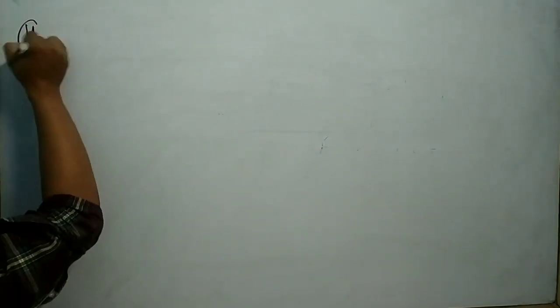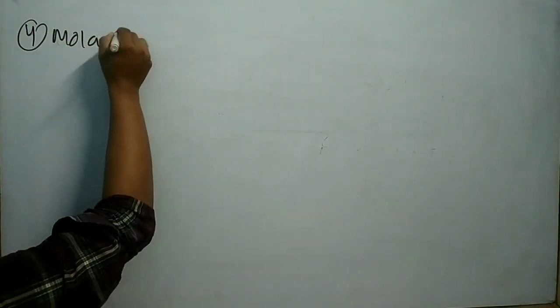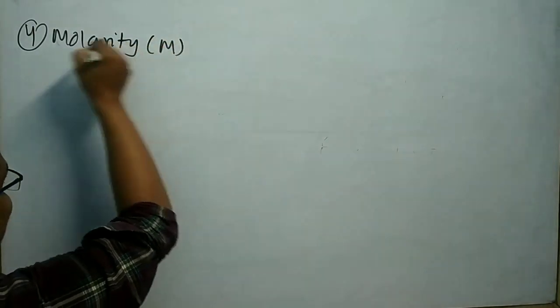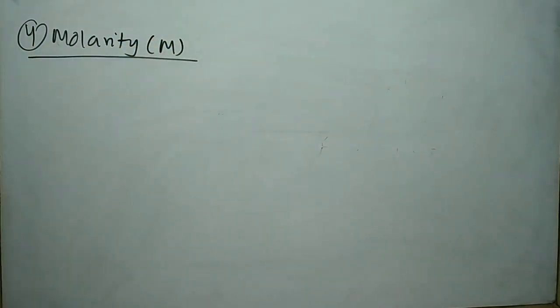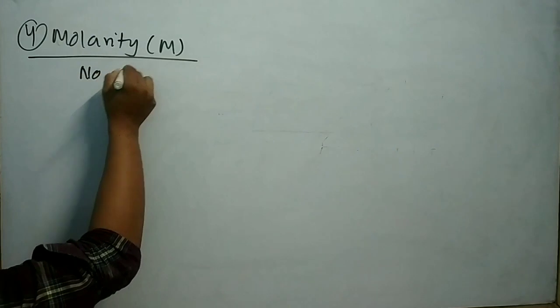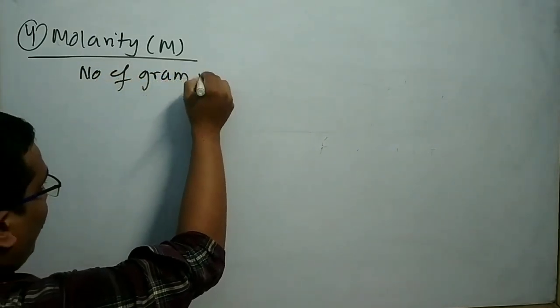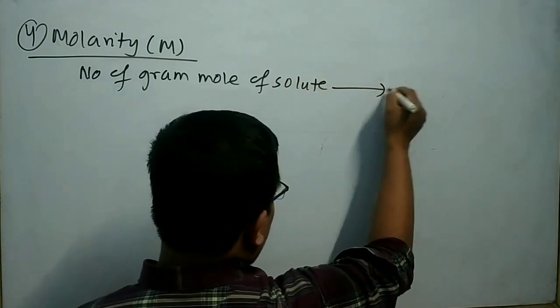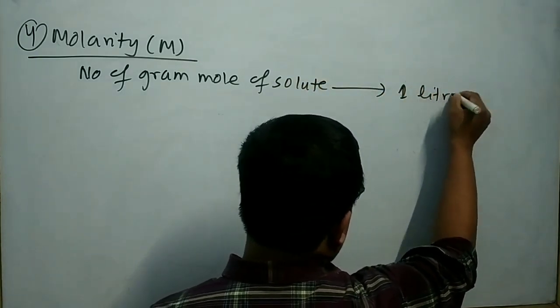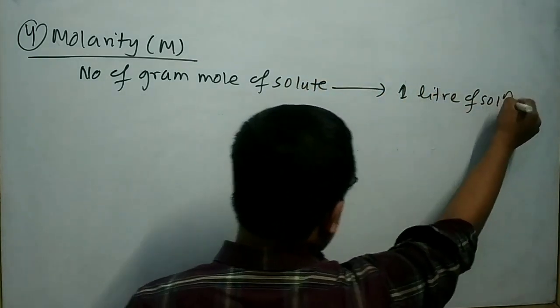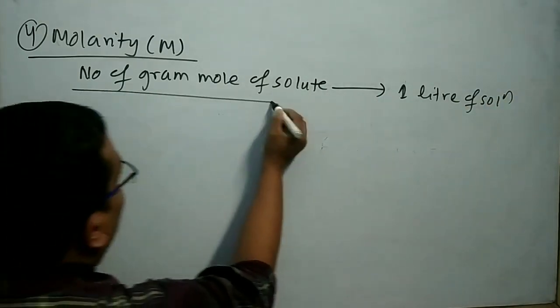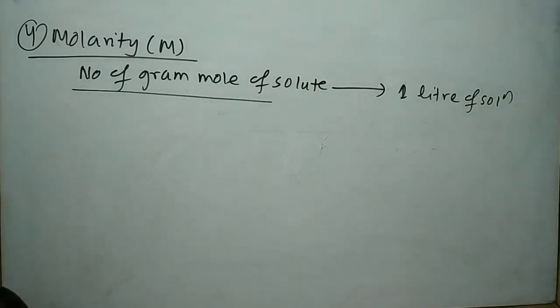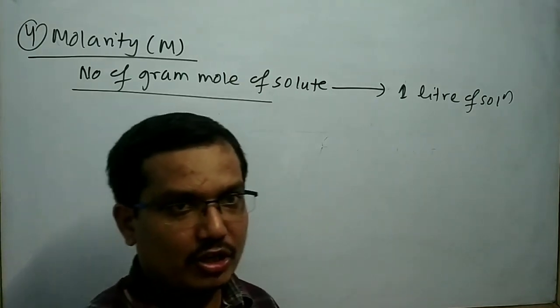Next I will explain molarity. It is symbolized as capital M. Molarity means the number of gram mole of solute present in 1 liter of solution. That means how many gram moles of solute are present in 1 liter of the solution.